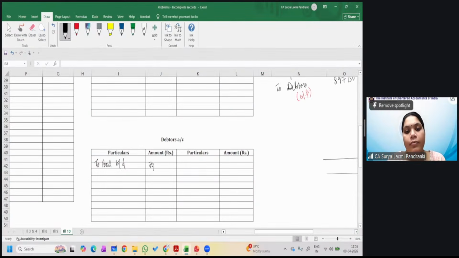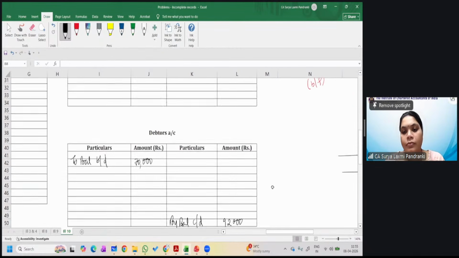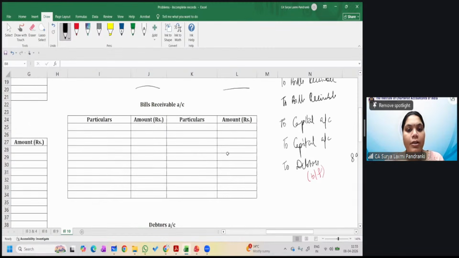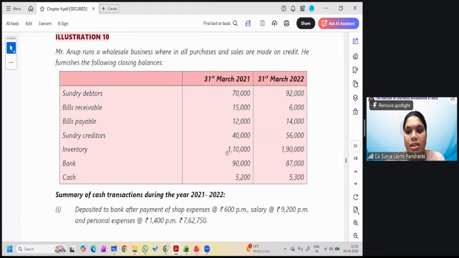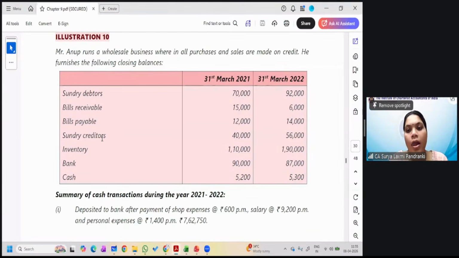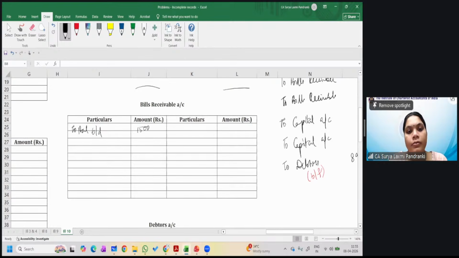And by balance carried down 92,000. We also have bills receivable opening balance: to balance brought down 15,000 and by balance carried down 6,000.